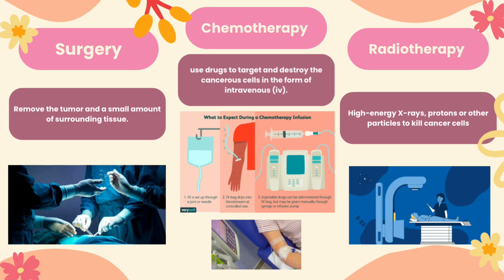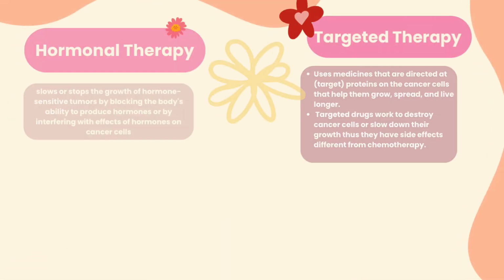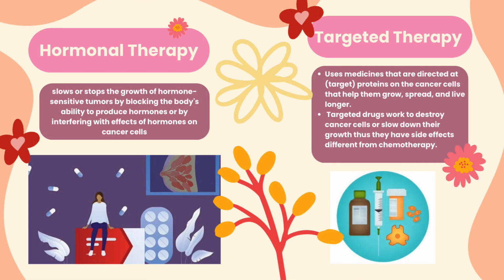And the picture below shows a demonstration of the procedure. The fourth treatment provided would be hormonal therapy. This usually slows or stops the growth of hormone-sensitive tumors by blocking the body's ability to produce hormones or by interfering with the effects of hormones on the cancer cells.